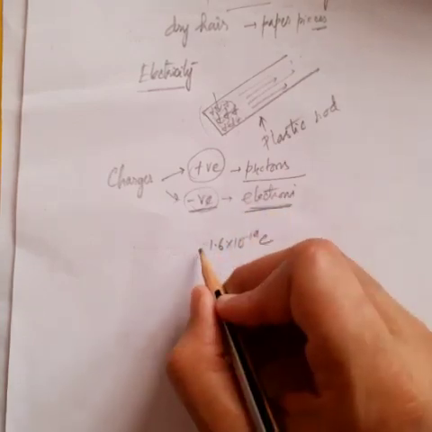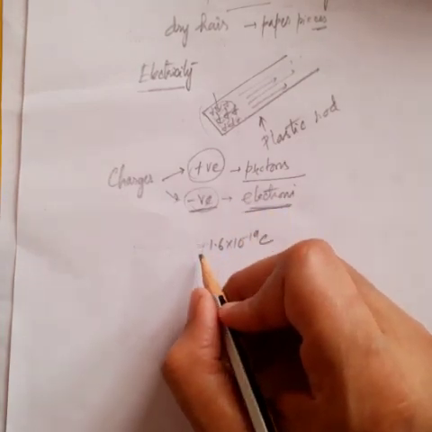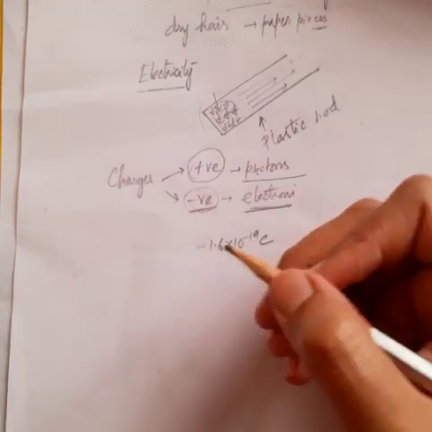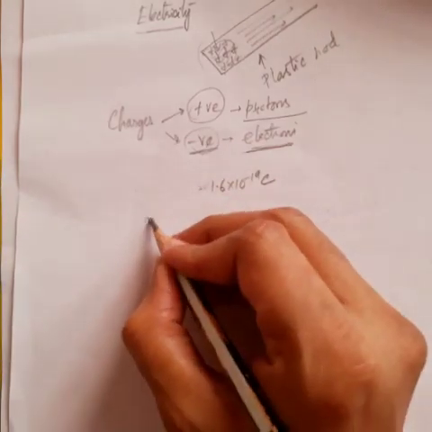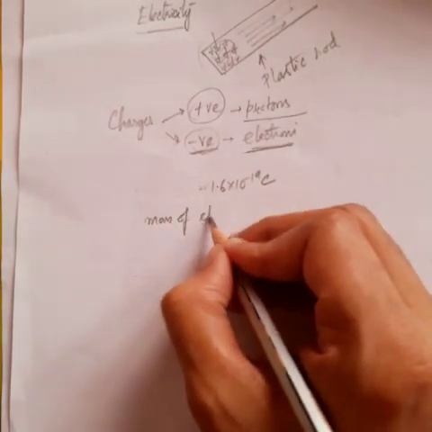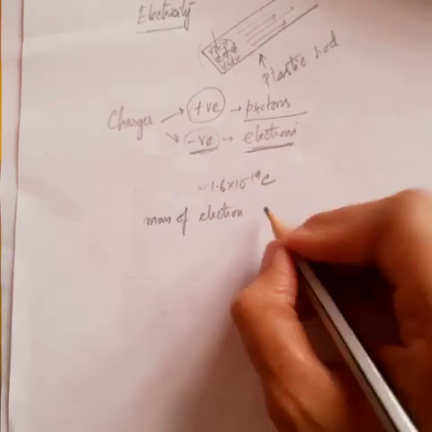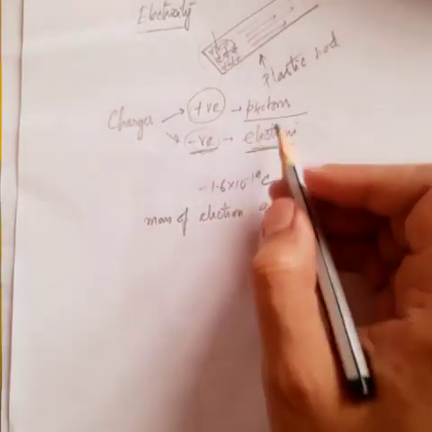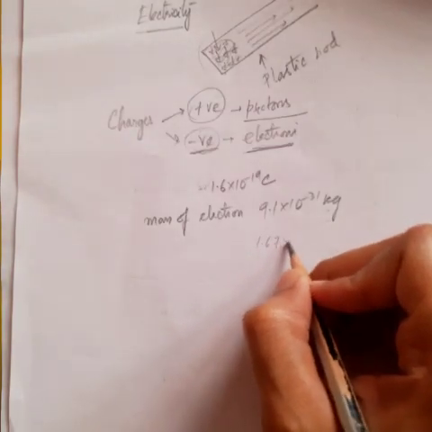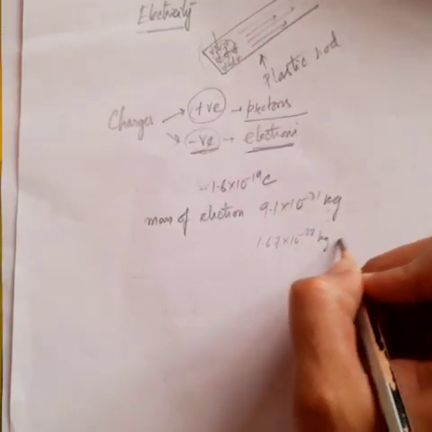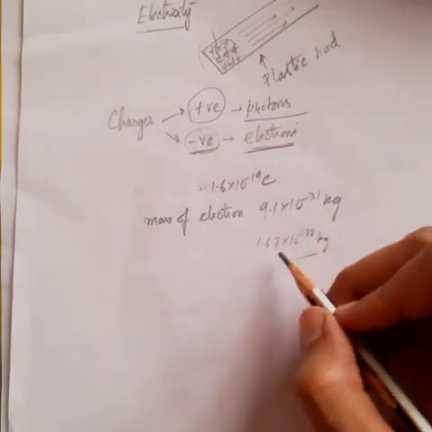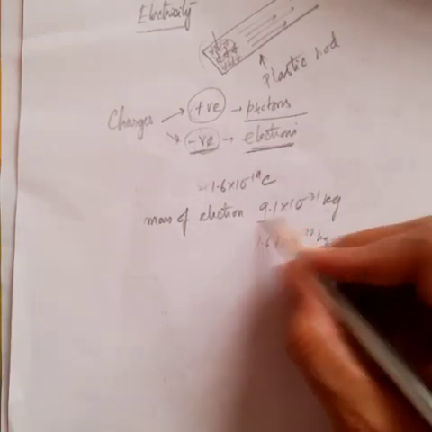For electrons there will be a negative sign in front of this charge, and for protons a positive sign. The mass of an electron is 9.1 into 10 to the power minus 31 kg, whereas that of a proton is about 1.67 into 10 to the power minus 27 kg. So the mass of the proton is nearly 2000 times that of an electron.